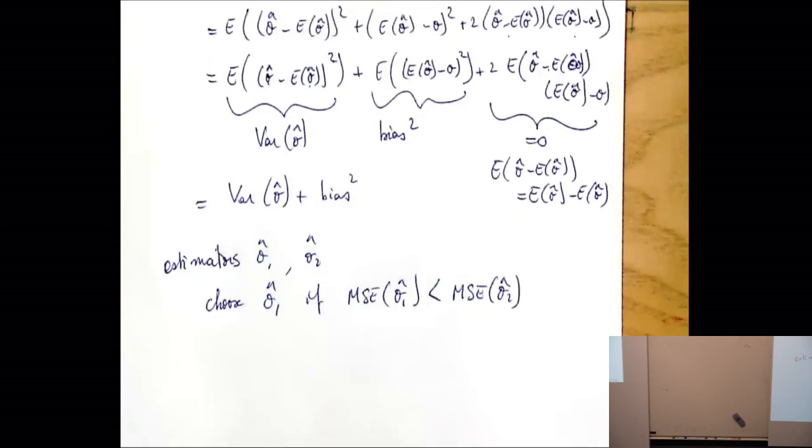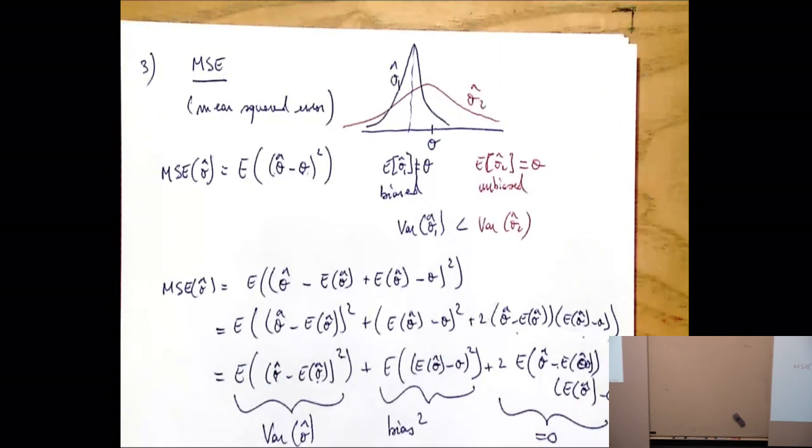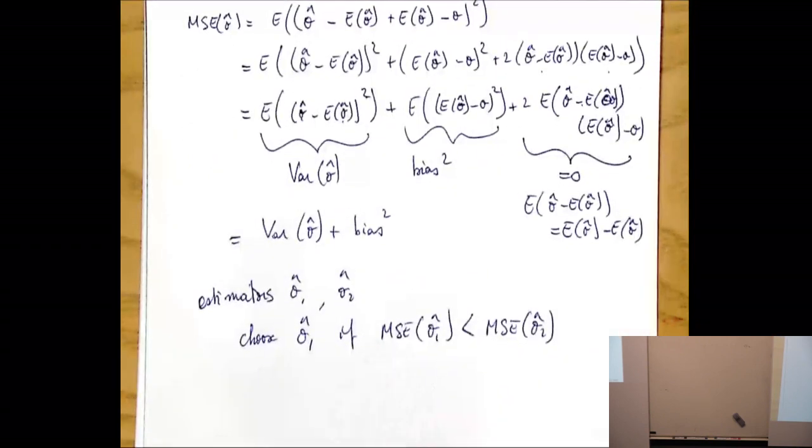So here is a metric that accounts for both the variance and the bias of the estimator. In the example we had, maybe theta 1 is biased but has a smaller variance, and theta 2 is unbiased but has a larger variance. By computing the MSE of each estimator, you can decide accordingly which estimator would be most suitable.